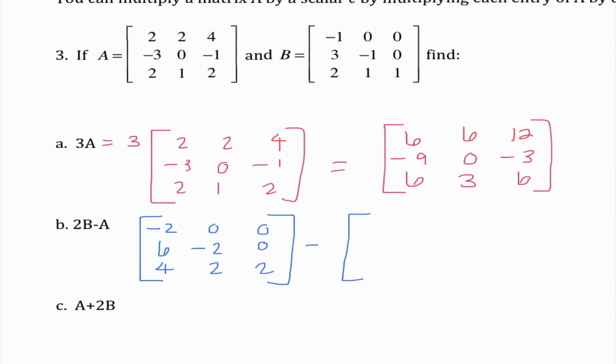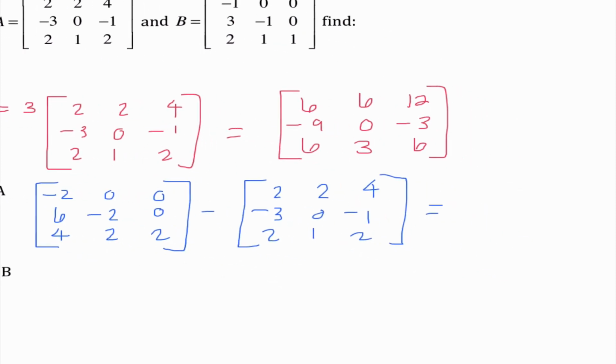And then I'm subtracting 2, negative 3, 2, 2, 0, 1, 4, negative 1, 2. Since these have the same dimensions, they're both 3 by 3s, I could go ahead and subtract our corresponding entries. So negative 2 minus 2 gives me negative 4. 6 minus negative 3 gives me 9. 4 minus 2 gives me 2.